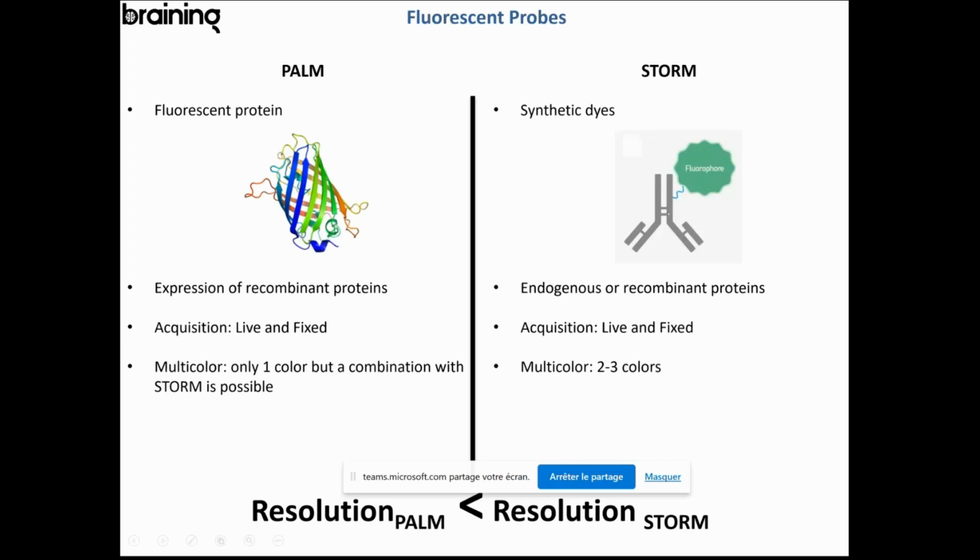While for STORM, you can actually use an antibody that is directly coupled to the dye, and therefore you can look at the endogenous receptor. So that's an advantage, but you can also, of course, look at some recombinant proteins. With the two techniques, you can do live and fixed samples, and you can also have multicolor. But you will always have a better resolution for STORM than for PALM because the organic dyes are brighter than the photoactivatable molecules.